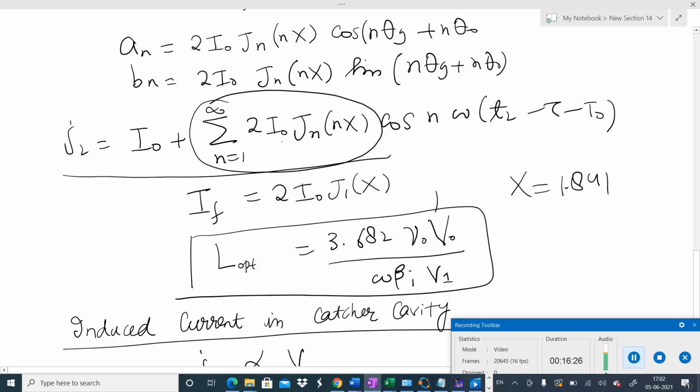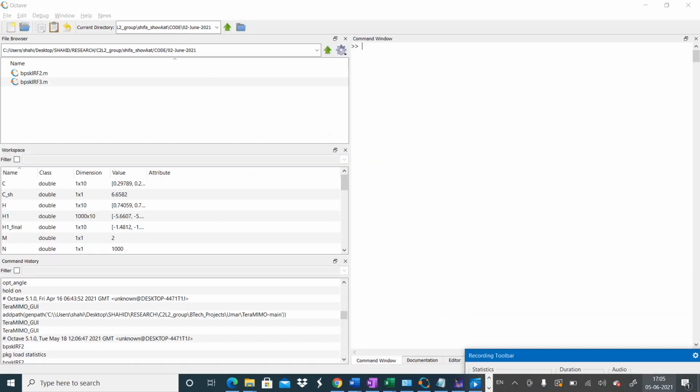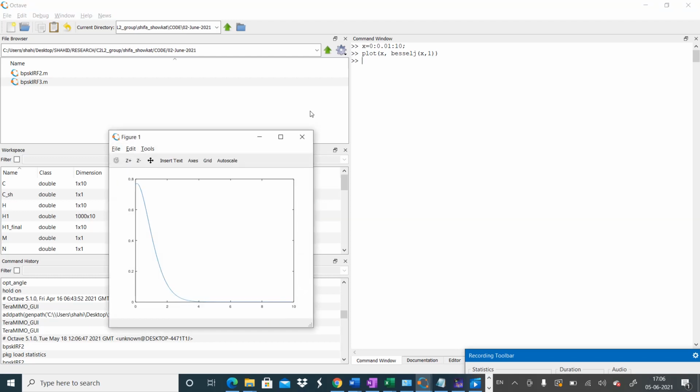Let me tell you one more fact about the Bessel function. I will demonstrate this in Octave. In Octave, the Bessel function of the first kind can be defined using the function besselj. First I define a vector x from 0 to 10, and then I plot x and besselj of x with n equal to 1.